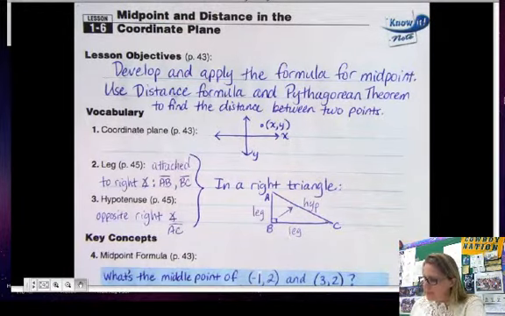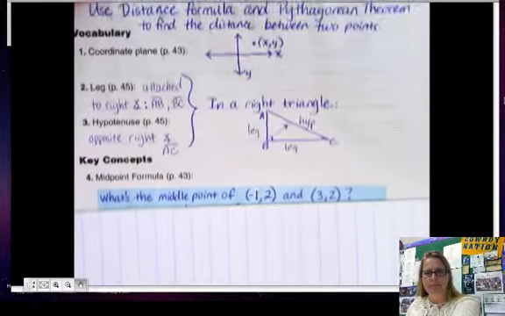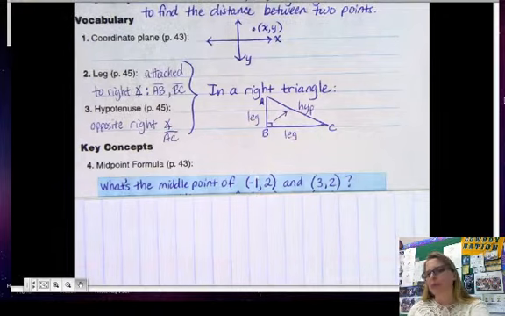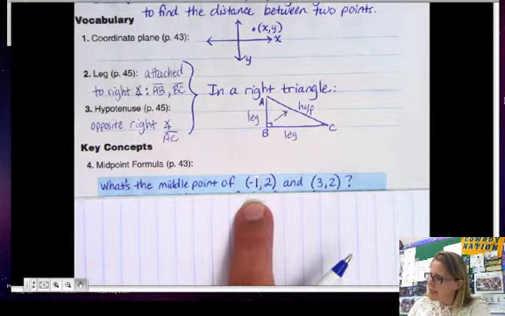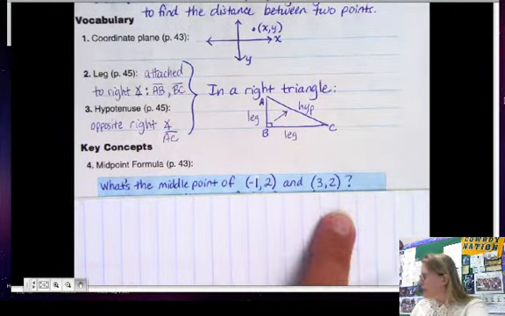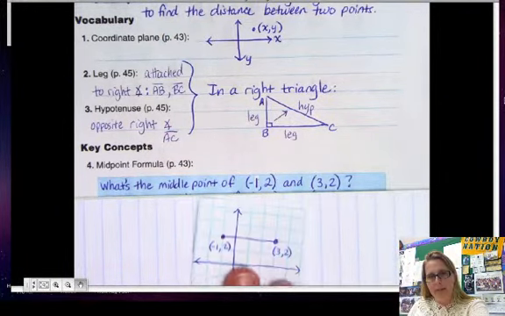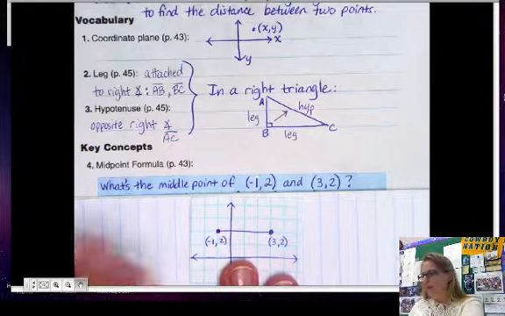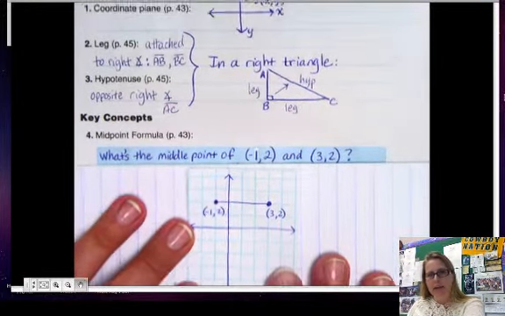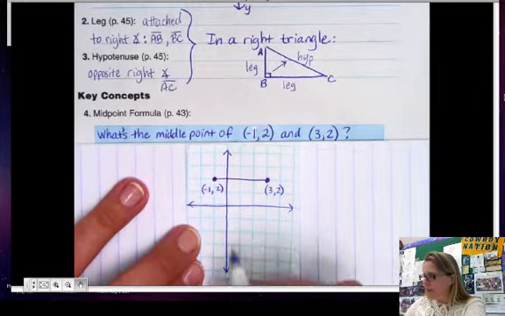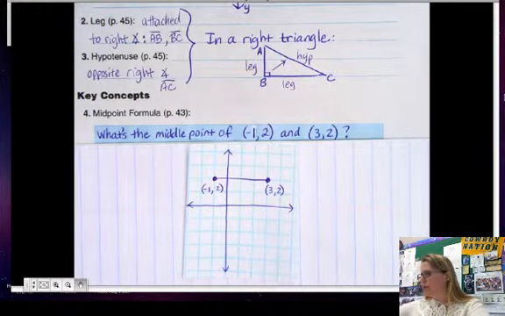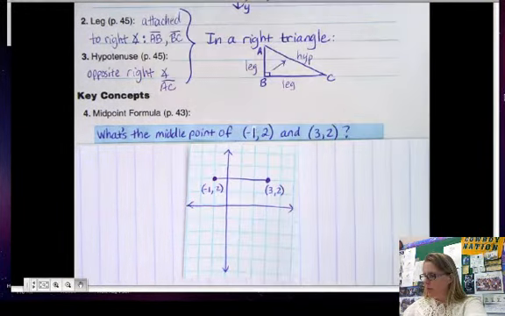Okay. Midpoint formula. Where's the middle point between -1, 2 and 3, 2? I'm so glad you asked. Let's talk about that really quick. Here I have a coordinate plane, and we're going to try and find the middle point between these two points.